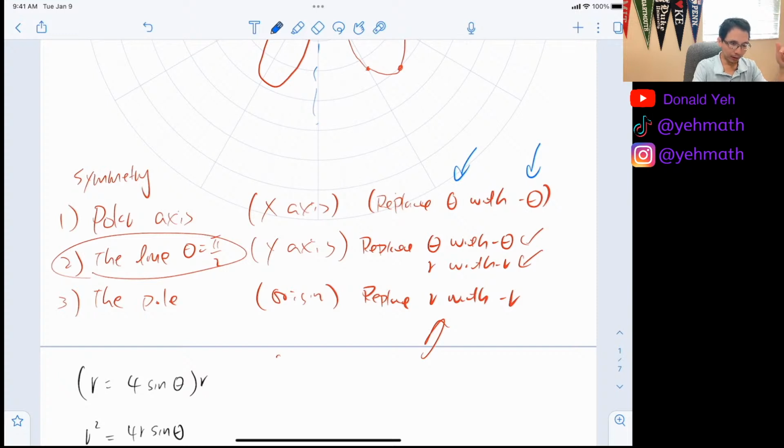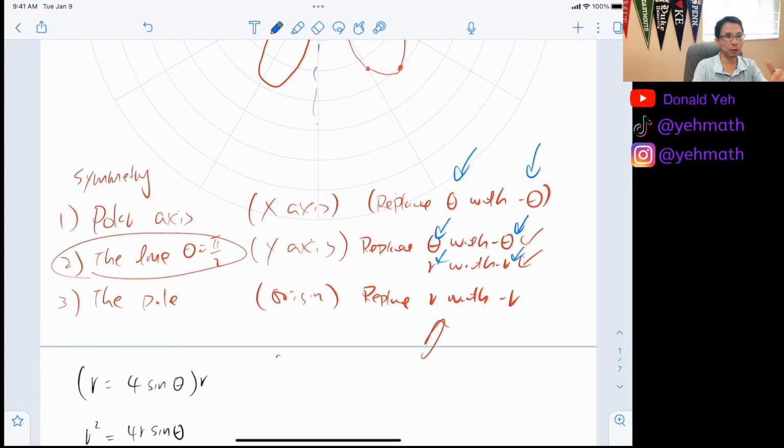For the line theta equal to pi over 2, you replace theta with negative theta, or r with negative r. If you go back to the original function, then that is symmetry to the line theta equal to pi over 2. Lastly, there's the pole, the origin.